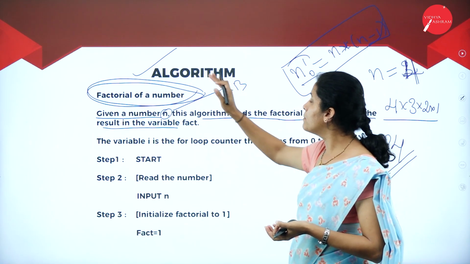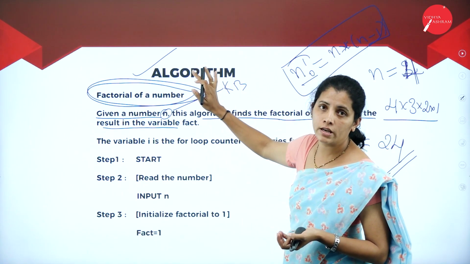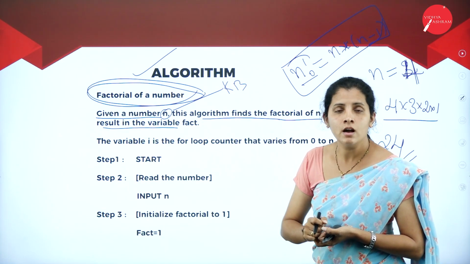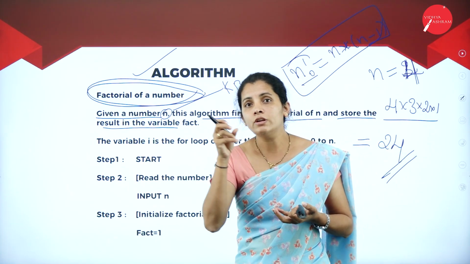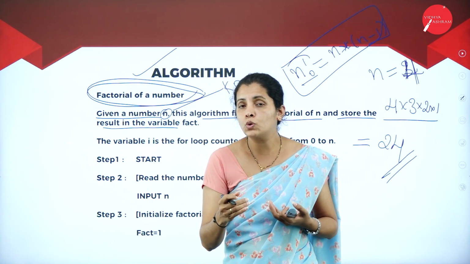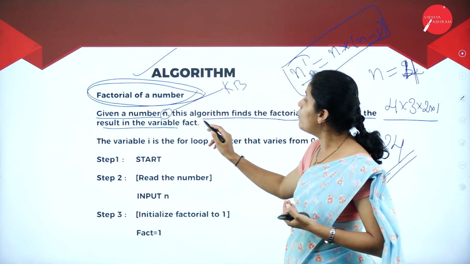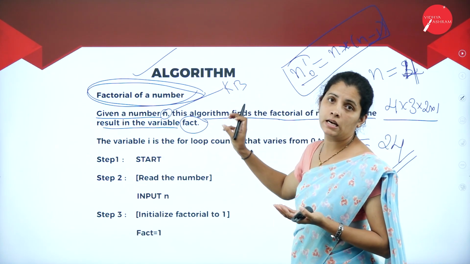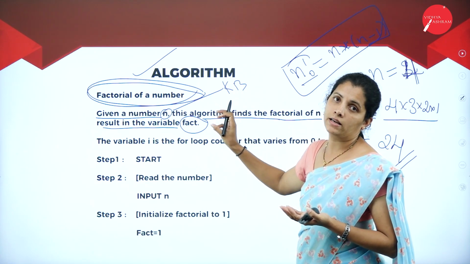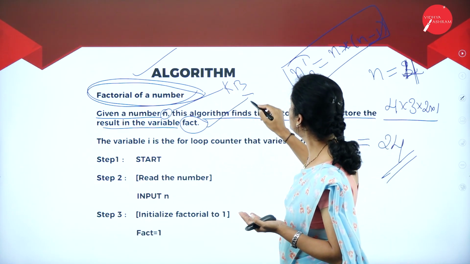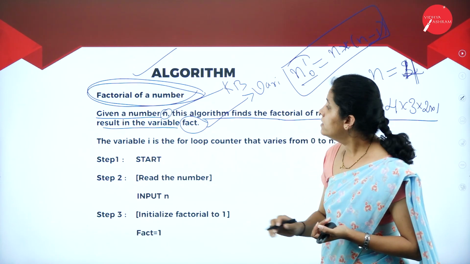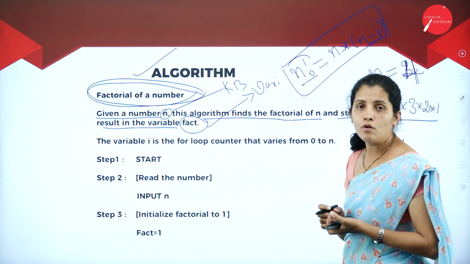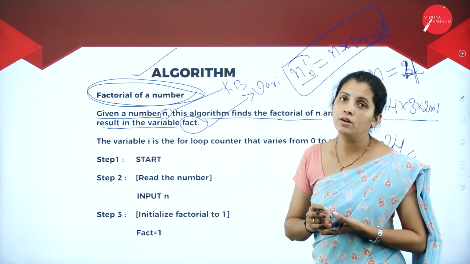That means here I am going to design this algorithm to find the factorial of a given number. After finding the factorial, I want to store my result with the help of the fact variable. I am going to store my result inside fact. That means here fact is nothing but a variable. And this is a sequence of steps involved to find the factorial of a number.